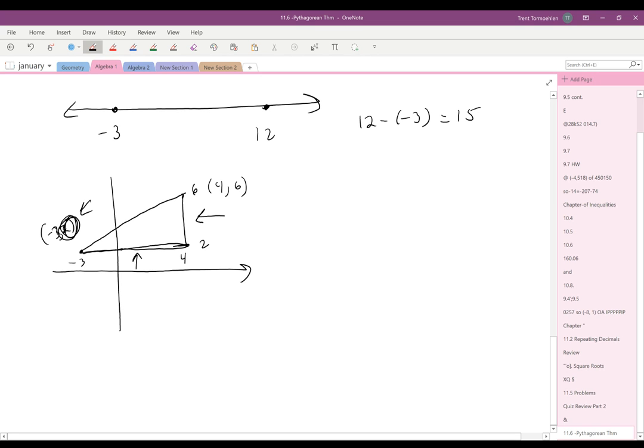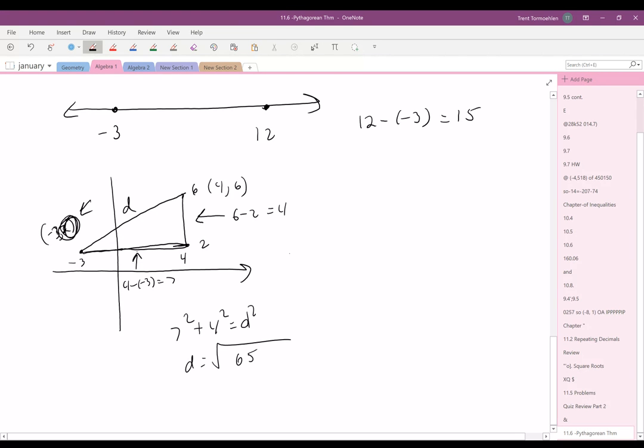So in this right triangle, what is that length? It's going to be 4 minus a -3, which equals 7. This one is going to be 6 minus 2, which equals 4. So we're just going to do 7 squared plus 4 squared equals the distance squared. And so we get distance equals the square root of 65.